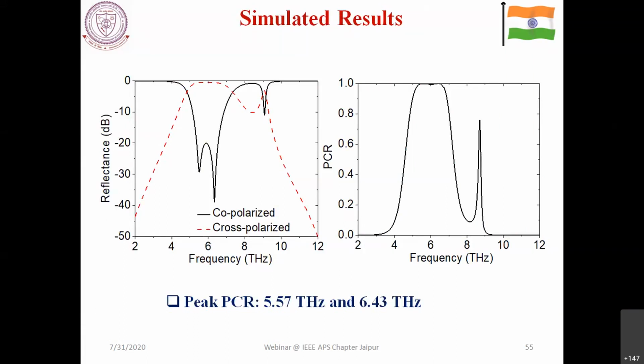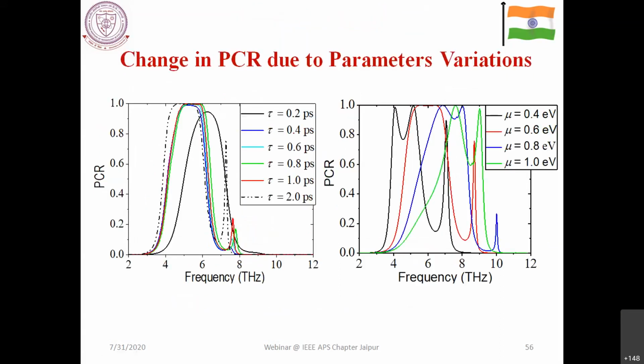You can see again over here that in the terahertz region, it offers a cross-polarization minimum at a particular frequency where the cross-polarized component is maximum, so that the polarization conversion is quite high. This tau denotes the quality of the graphene film.